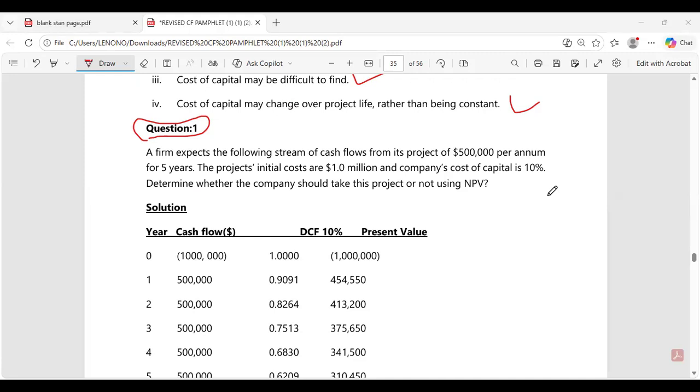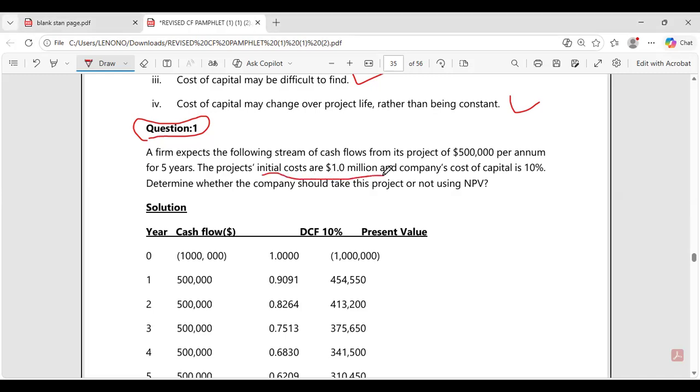Okay. All right. So you have made an investment in the project. How much? The initial cost of the project was 1 million. And then you start getting back 500,000 per annum for 5 years. So you are making an investment at year 0.